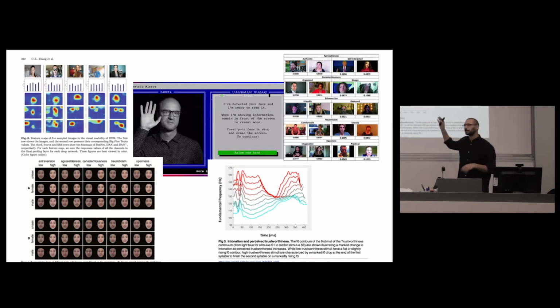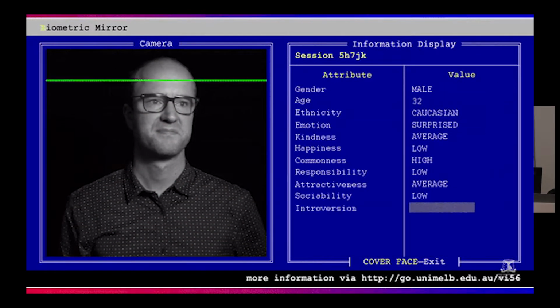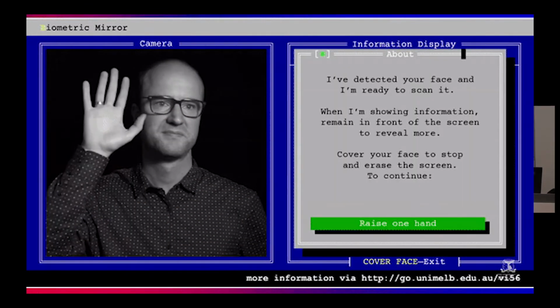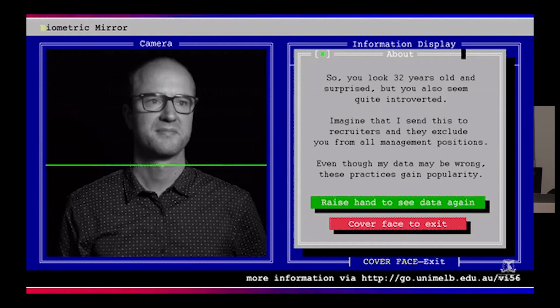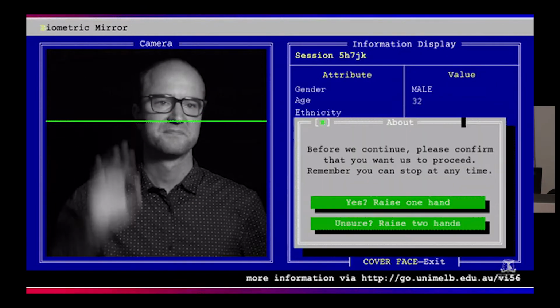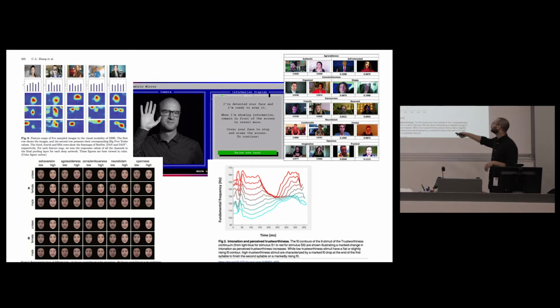This middle one is actually a pastiche of that that's done by some really interesting researchers here at Melbourne University in the engineering school. But we can do this with all sorts of different techniques. This one down over here is measuring trustworthiness in people's voices from the way they say hello on a phone.